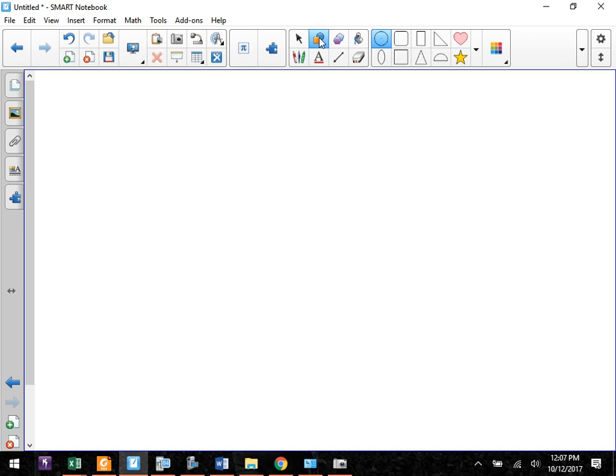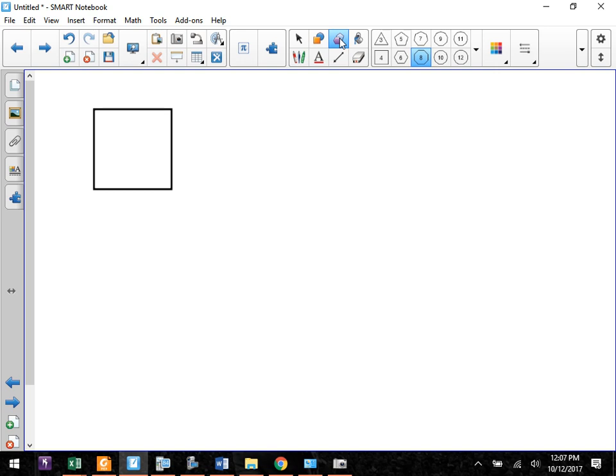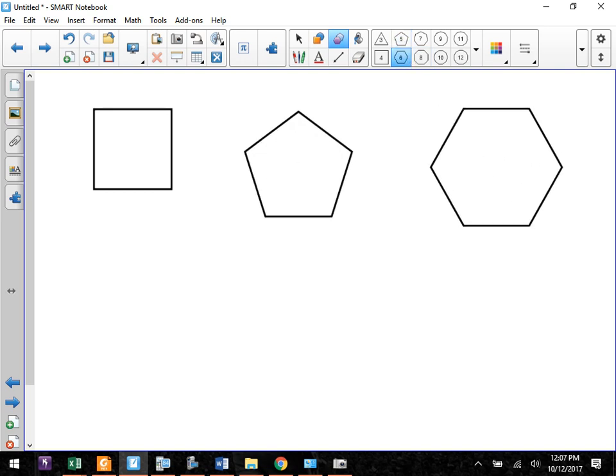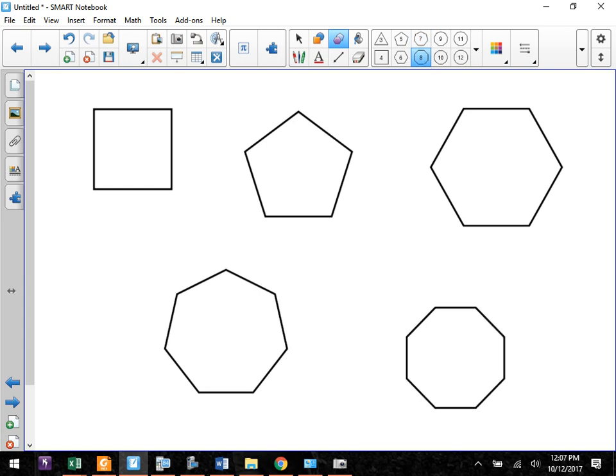But if I have a square, how many triangles can I draw inside of a square that do not overlap? 2. That's not a lot. That's just 2.